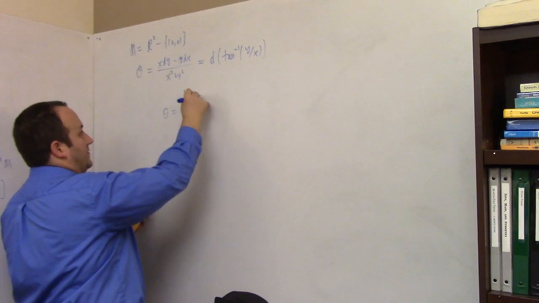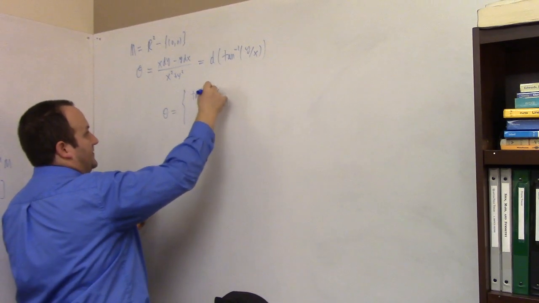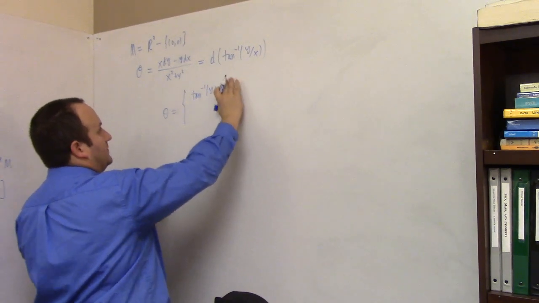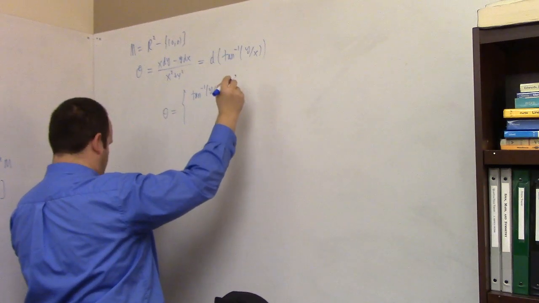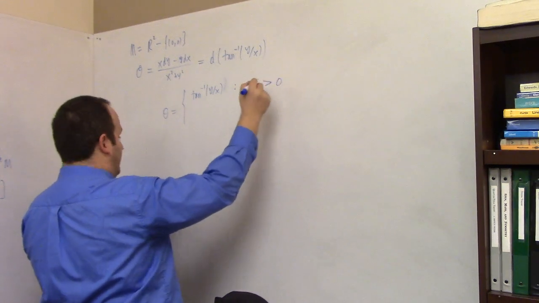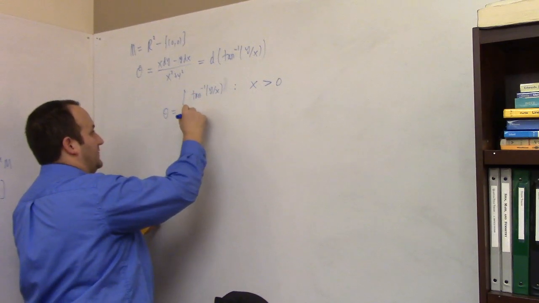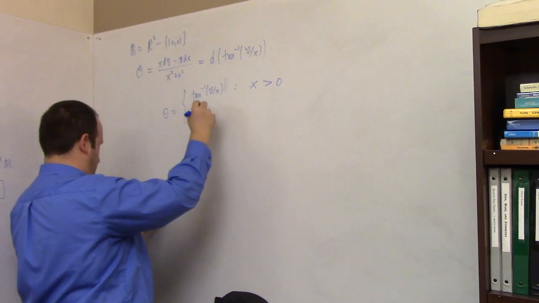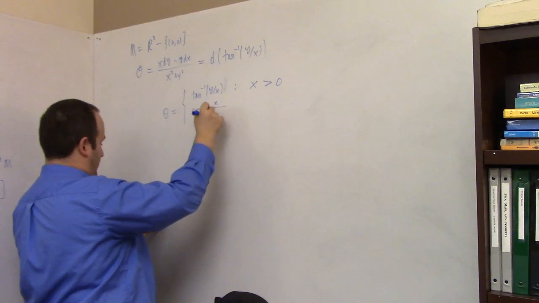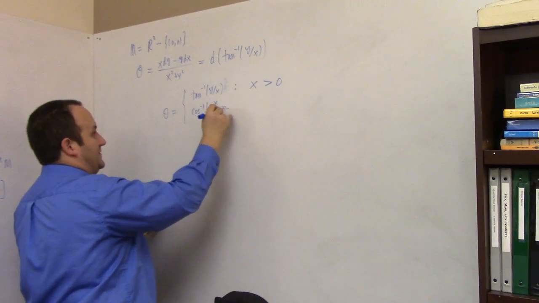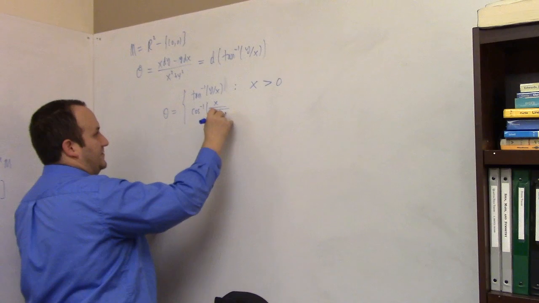Inverse tangent of y over x, that's good for what? x greater than 0, right? You can do inverse cosine of x over, don't tell my Calc 3 students about this, this is a formula that they want to know.